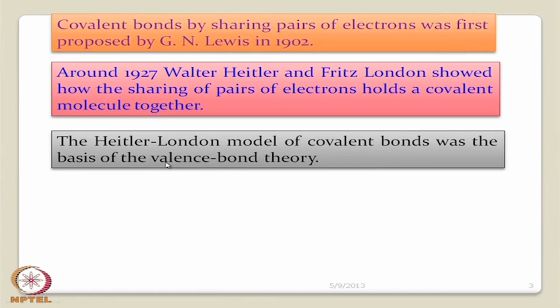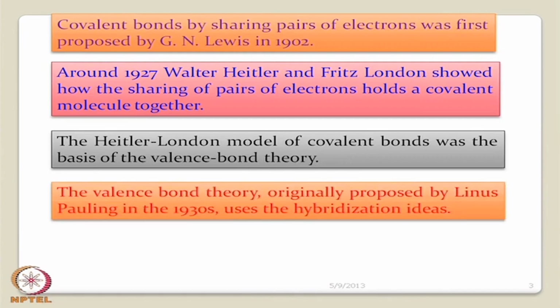So we will consider this as VBT, valence bond theory, and these ideas can be considered for the bonding pattern in metal complexes. Around 1930, it was Linus Pauling who originally proposed the different bonds and the nature of the chemical bond, where he utilized the idea of hybridization.